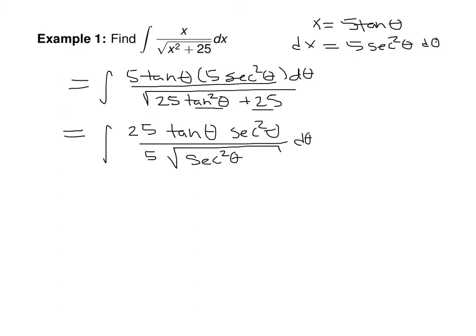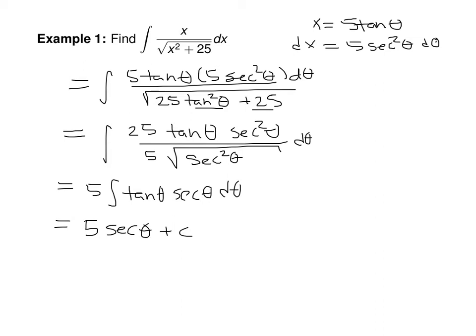And once that secant squared theta is rooted, we just have a secant theta, which cancels with one of the secant thetas in the numerator. And this gives us 5 times the integral of tan theta secant theta d theta. And an antiderivative of tan theta secant theta is secant, so you have 5 secant of theta plus c.